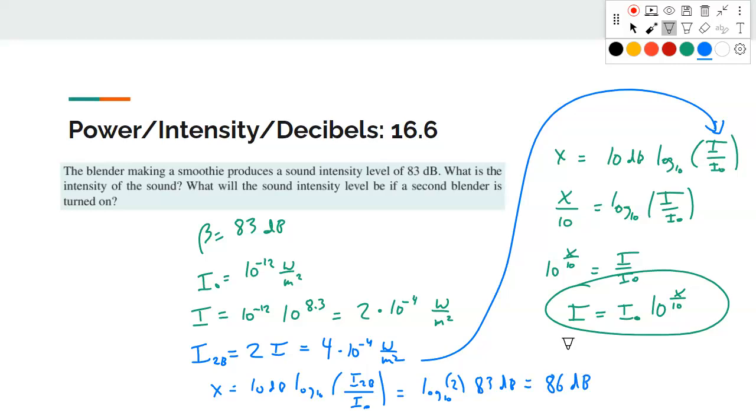So a very small change in our decibel rating, but if you've experienced this, you probably would agree that this makes sense. If you have one vacuum cleaner and you're vacuuming your house, and you turn on another one, it's going to get a little bit louder, but not that much louder, because the vacuum is already pretty loud, and your ear doesn't experience this second vacuum in addition as being extremely significant in terms of the perceived intensity.